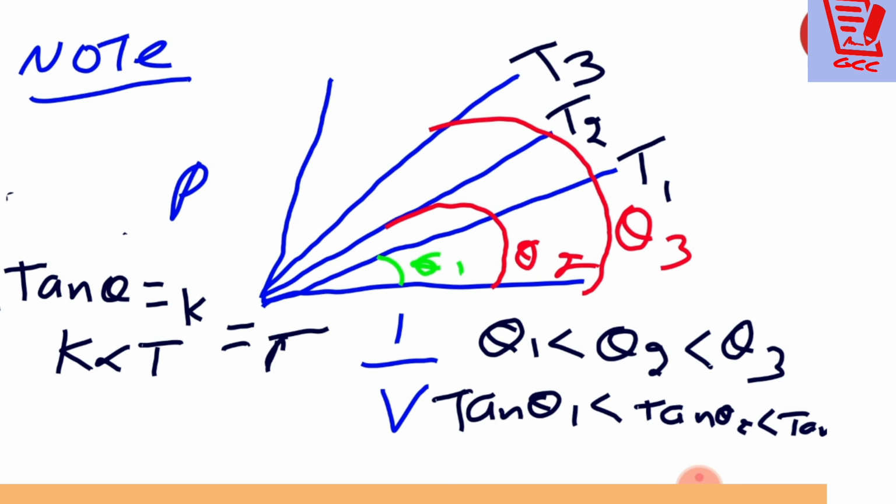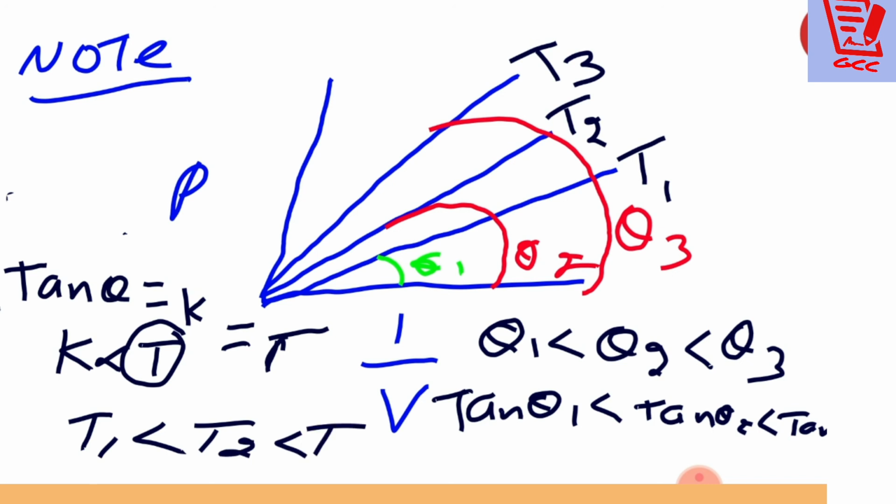I think it's clear to you now very well. Therefore T3 will be the highest temperature. Okay students, I hope you all understood what I have done there. This was our note number 1.